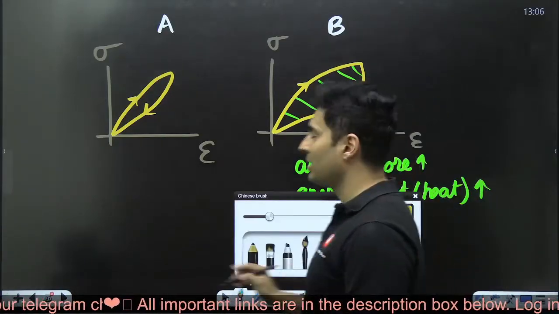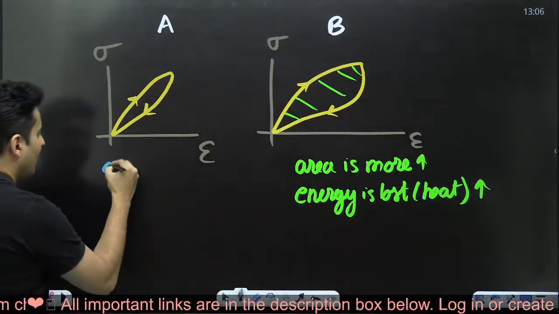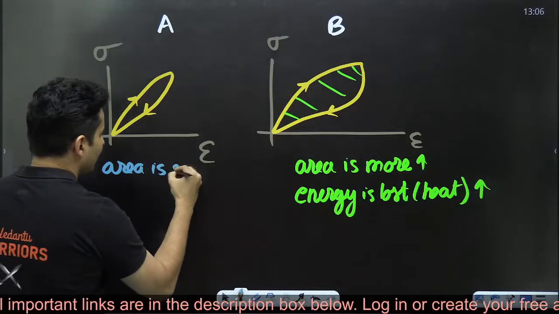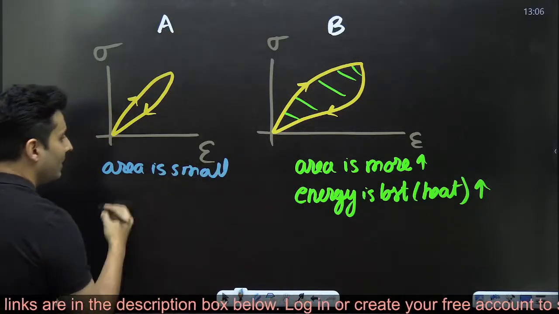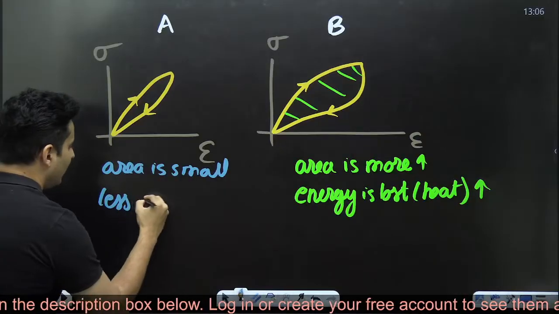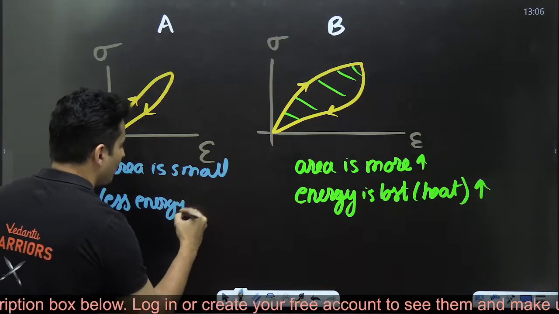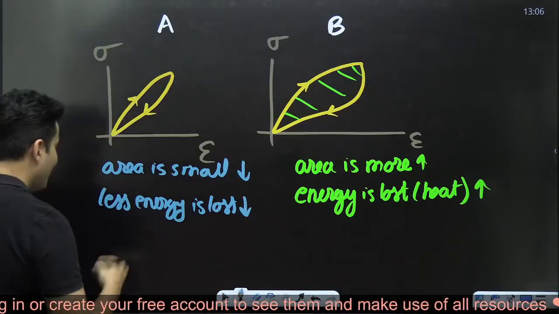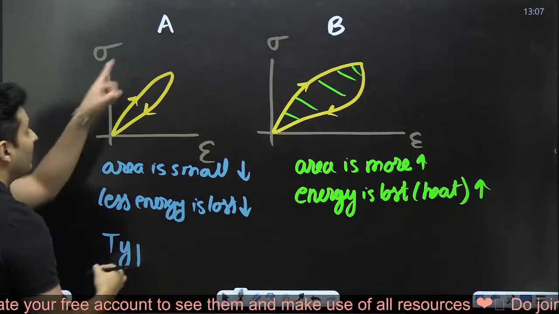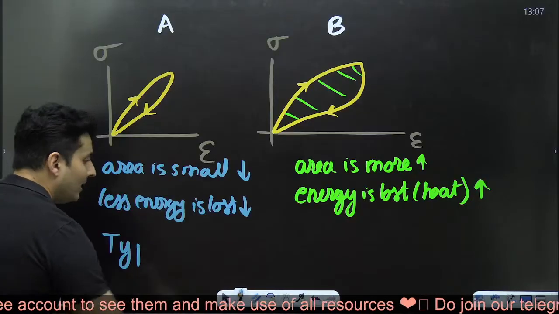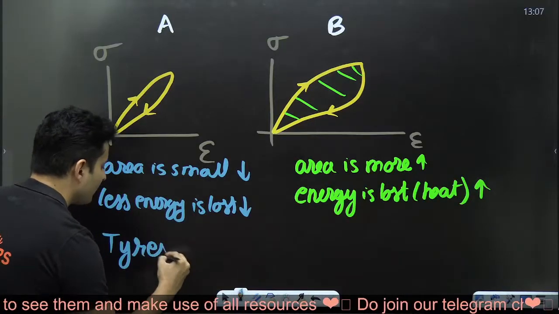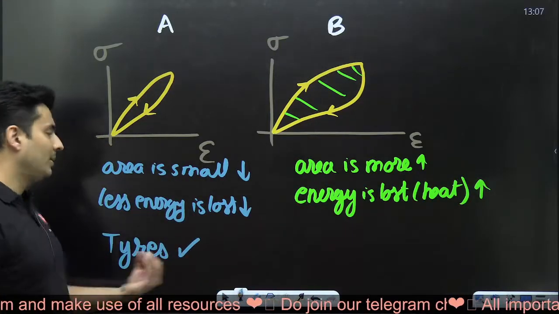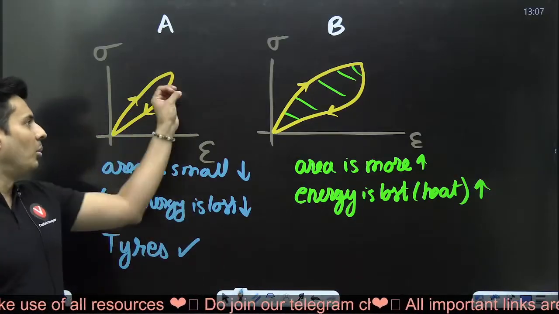Whereas in this situation, the area is small, so less energy is lost. So that is why you will use this type of rubber to build tires. You are going to use this kind of rubber of type A with a smaller area.